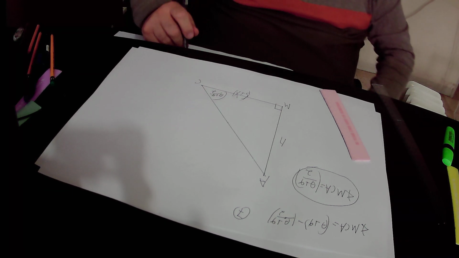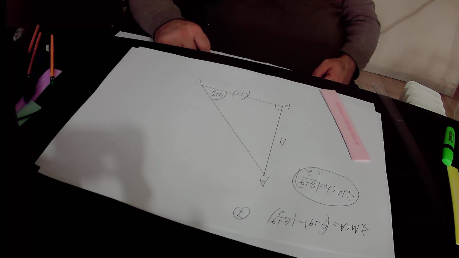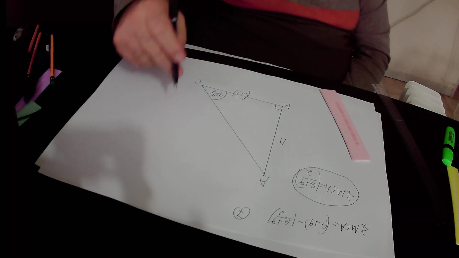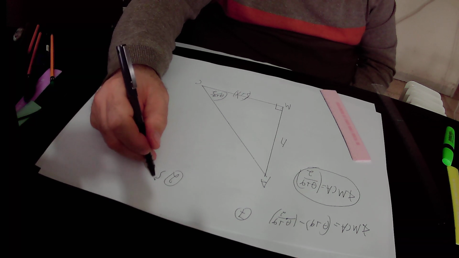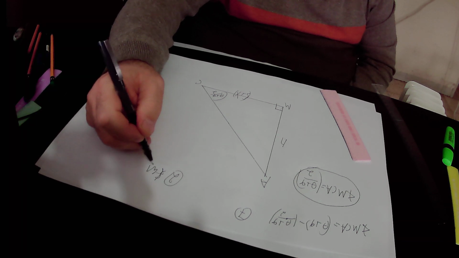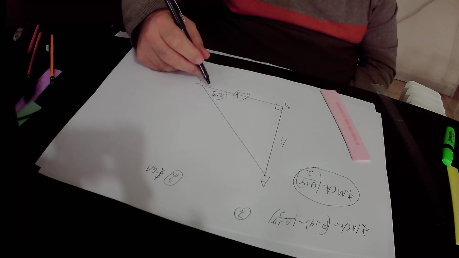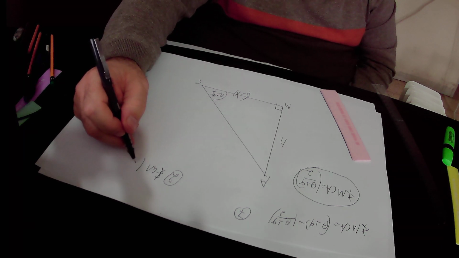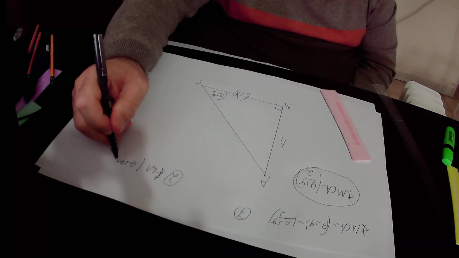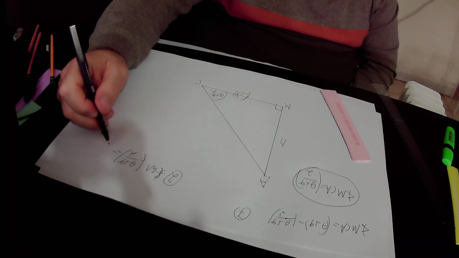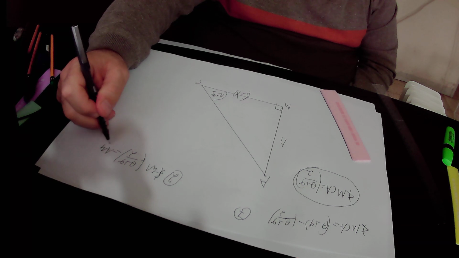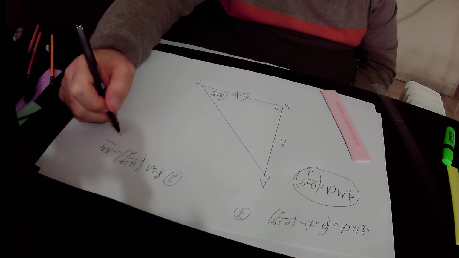So here, tangent of theta plus alpha over 2 will be equal to AM over MC.